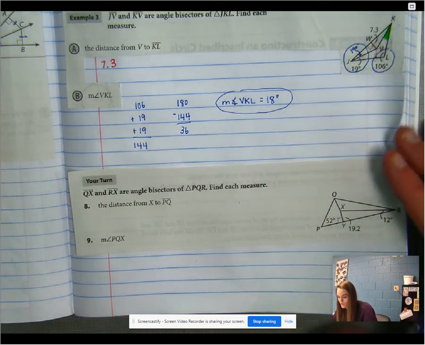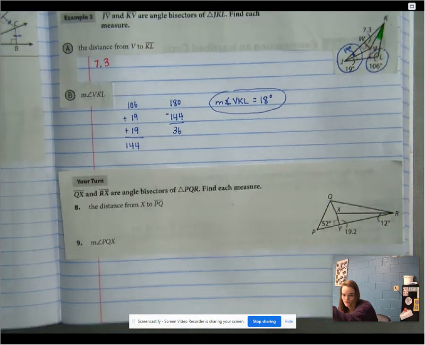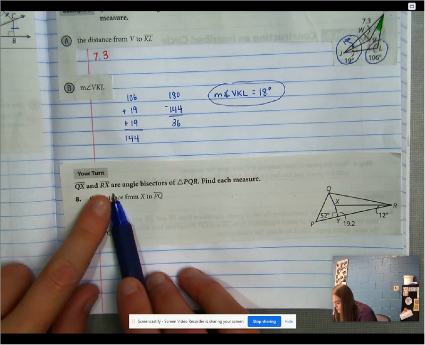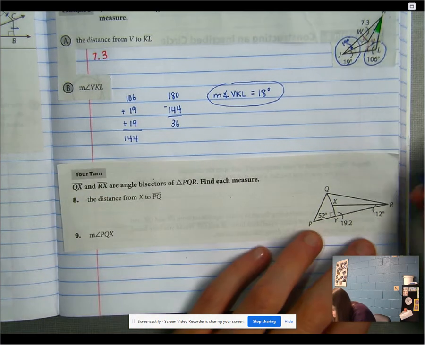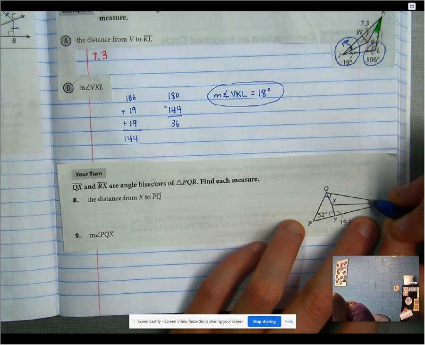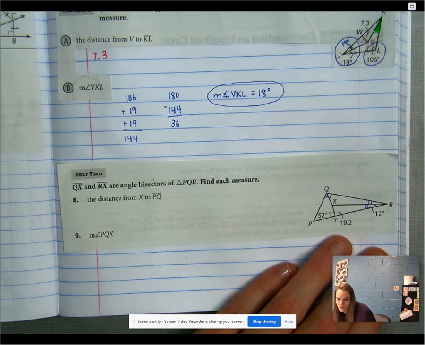Okay, we're going to talk about what each piece means. QX and RX are angle bisectors. Find each measure.